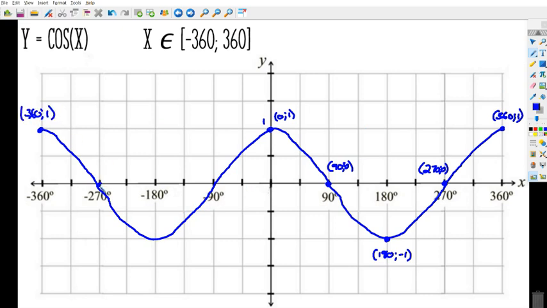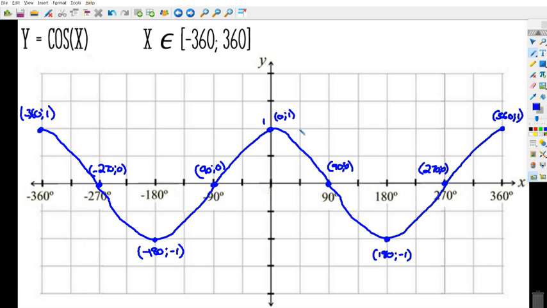This over here is negative 270 and 0. This here at the bottom is negative 180 and negative 1. This over here is negative 90 and 0. And then I'm back at 0 and 1 at the top. So that's my basic cos graph.